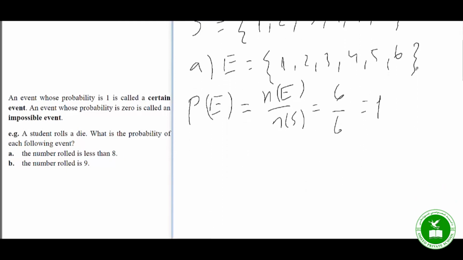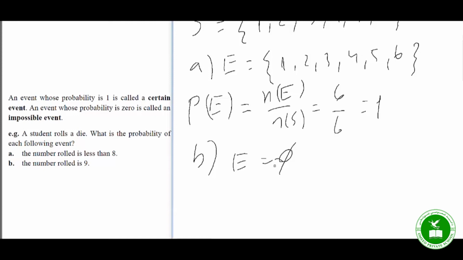But how about the second case? In the second case, the number rolled is 9. 9 is impossible because, as we said, we don't have any 9 inside our sample space. So in case B, the event is an empty set. Why an empty set?